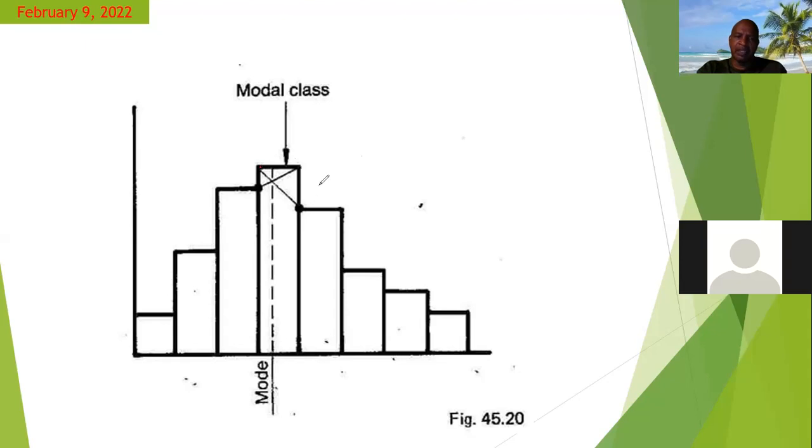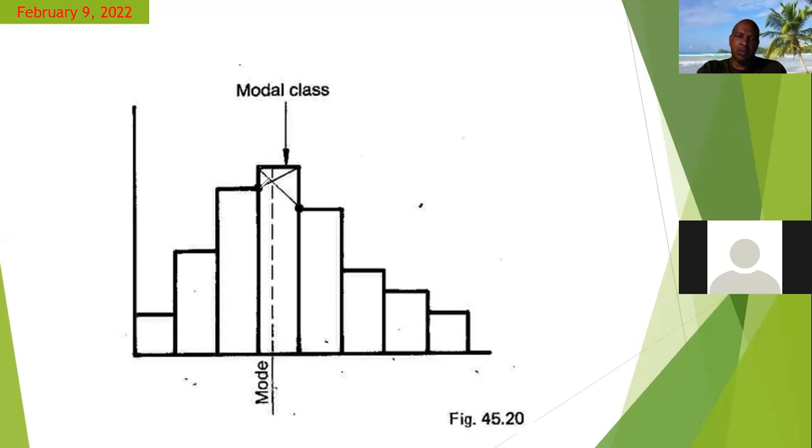Now, what we need to do is find a point that corresponds to where the mode is. And to find that point, we look at the rectangle to the left of the highest rectangle, and we look at the rectangle to the right of the highest rectangle.